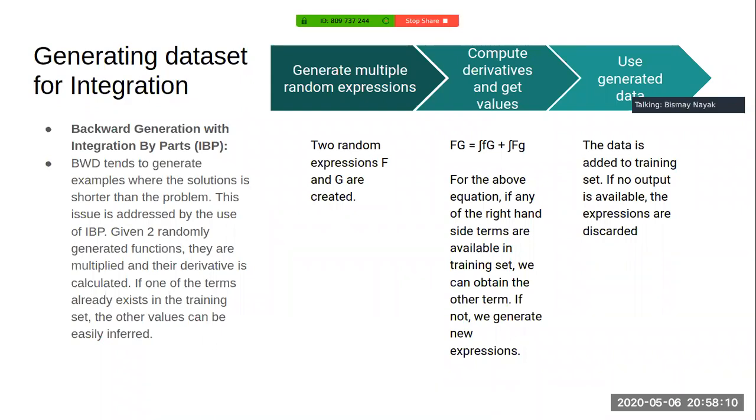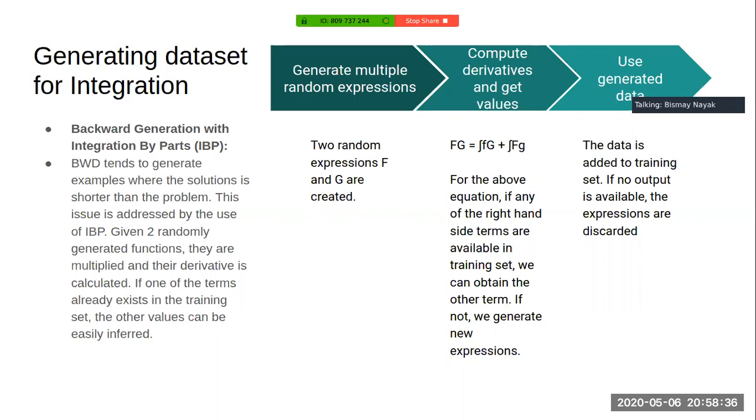So what happens is that the authors would look up if any of these two terms are present in the training set. If any of them is present, they will be able to infer the other term, since they already have the value of fg and one of these terms.